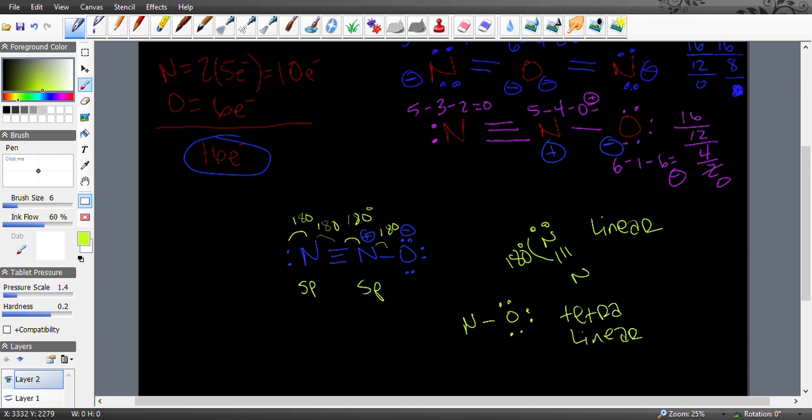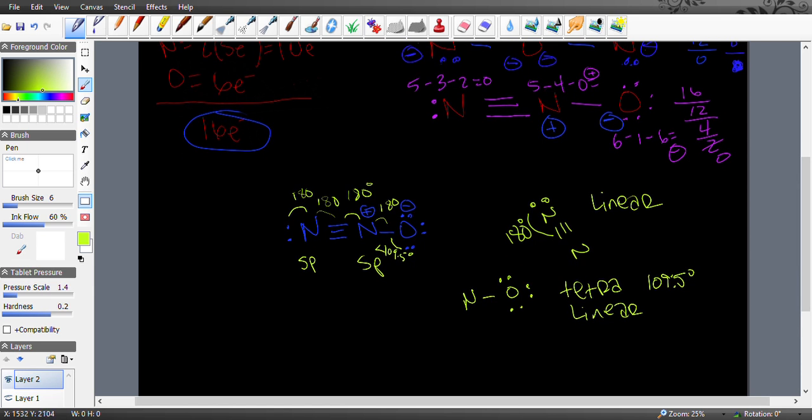But where it differs is going to be the bond angles. What's the bond angle of tetrahedral? It's 109, right? 109.5 degrees. So the angle between here and here can't be 180. It's actually going to be less than 109.5.